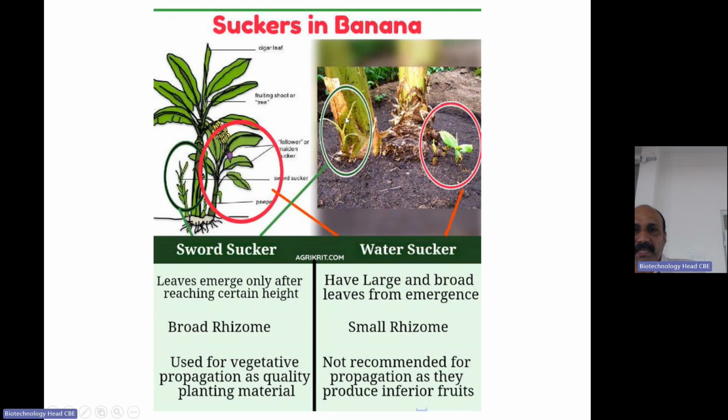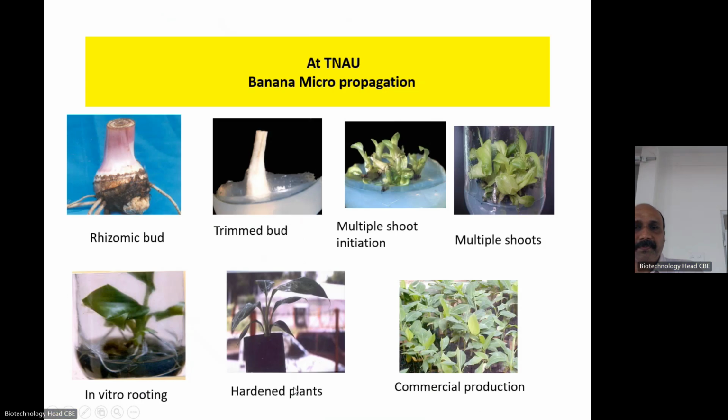So what we need to select is this type of sword sucker, where the leaves emerge only after the pseudostem reaches a certain height, and it has a broad, large rhizome and is used for vegetative propagation, the continuity of banana planting, which gives rise to quality planting material. So the different stages.